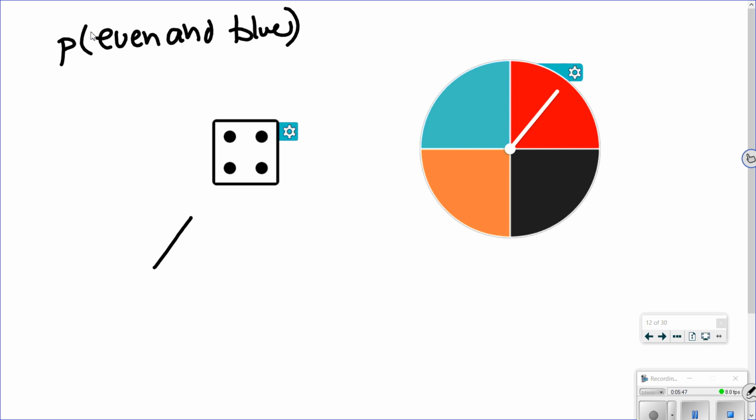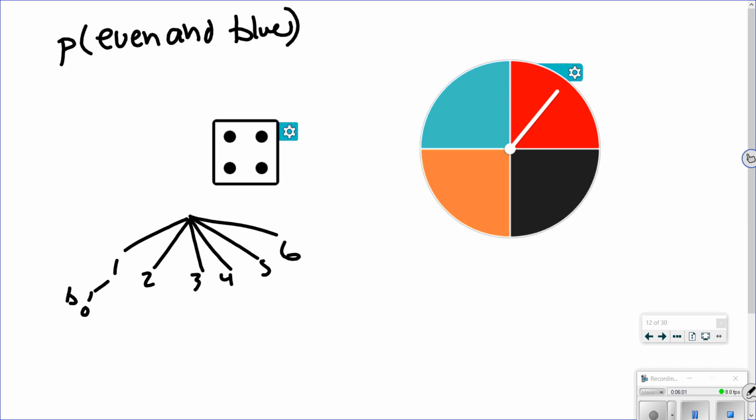So I go like this, right? I've got 6 outcomes. It could be a 1, 2, 3, 4, 5, or a 6. And then underneath here, I could get a 1 with each of those colors. So with a blue, orange, black, or red.